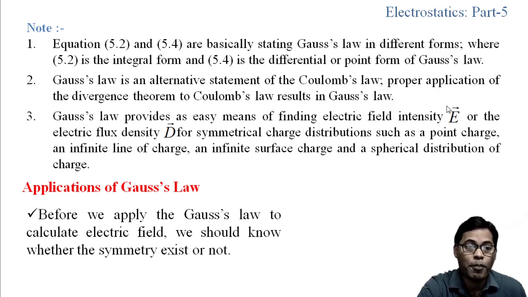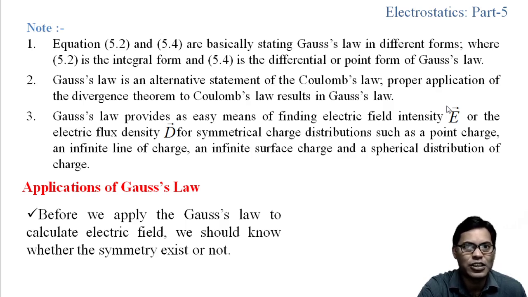Before applying the Gauss law to calculate these two parameters, we need to know some steps we need to follow to use the Gauss law. The first point we should know is that the charge distribution must be symmetric.